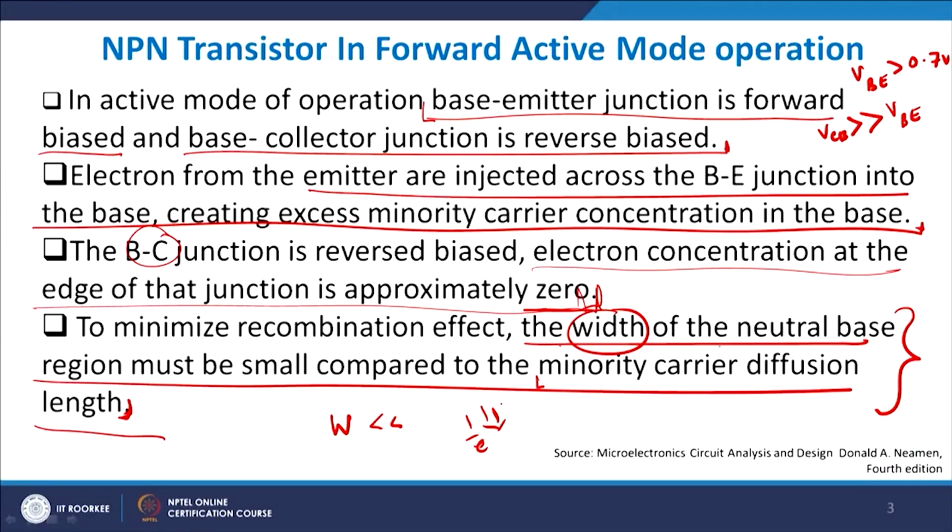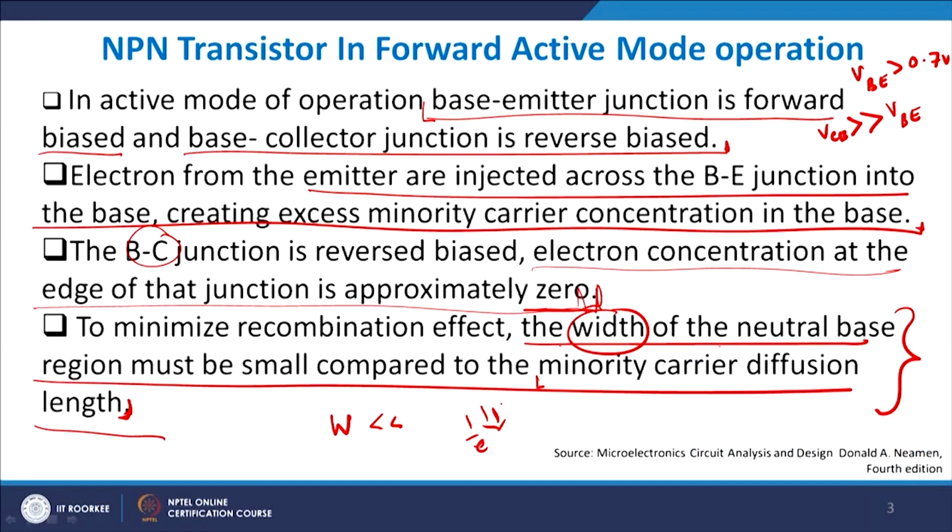We define diffusion length as the distance at which, because of recombination, the value of the minority carriers falls to 1 by e of its maximum value. So, if you went to a distance of 1 centimeter and saw a drop in the number of charge carriers by virtue of recombination, and 1 by e of the charge has actually fallen, then we define that length to be the diffusion length.